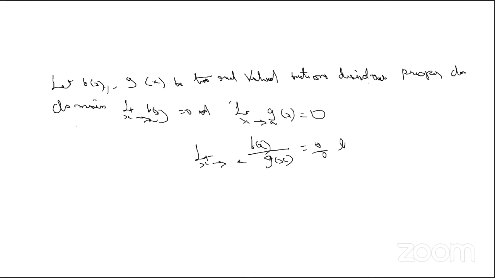This is called indeterminate form. The 0 by 0 form is indeterminate form. Based upon this, L'Hopital rule is there.